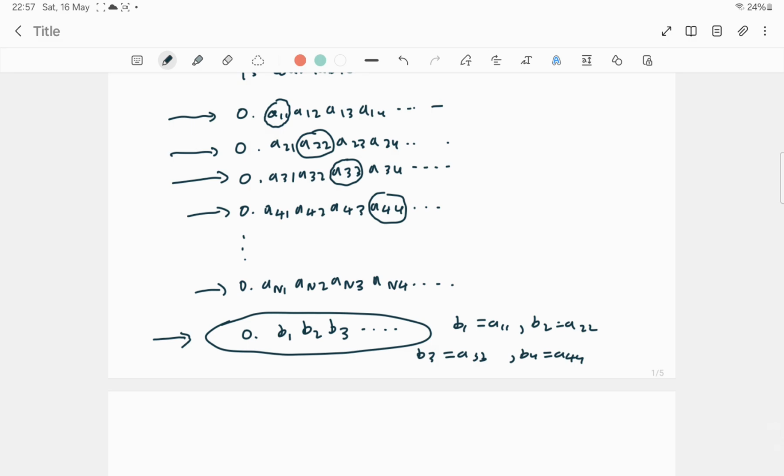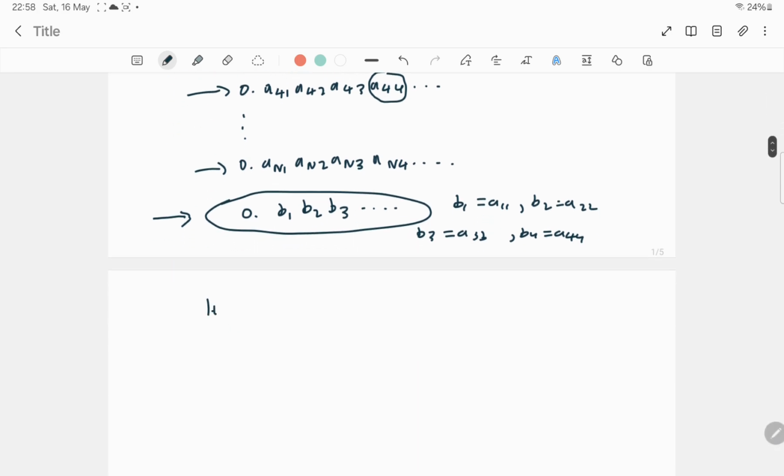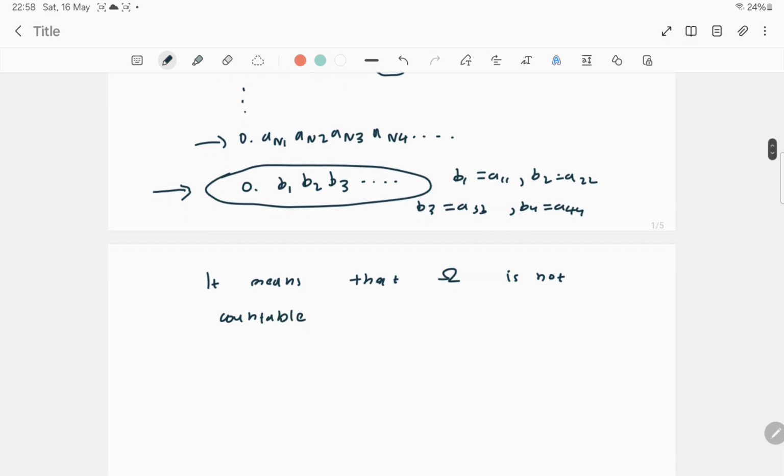So since we have this outside the list, it means that omega is not countable. This process is called the Cantor diagonalization process.